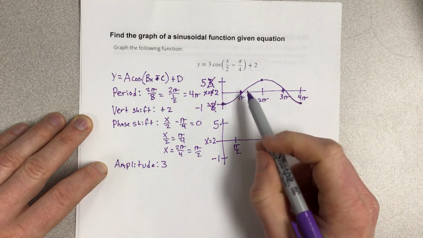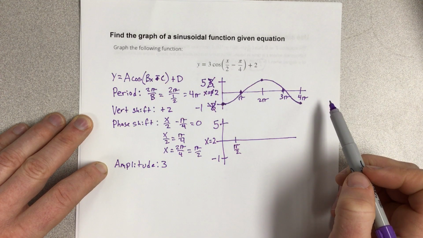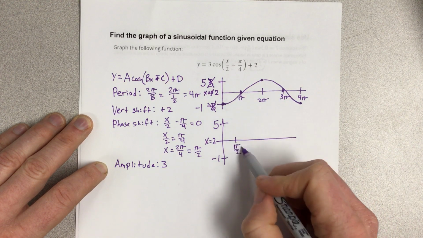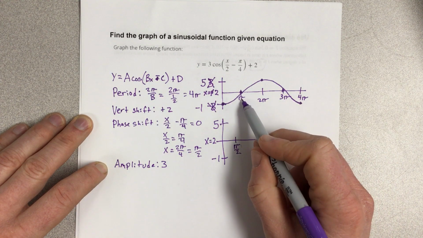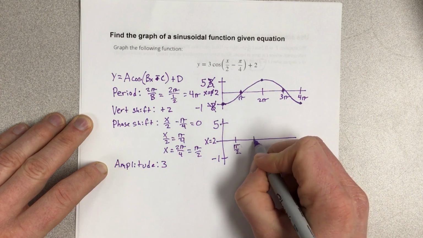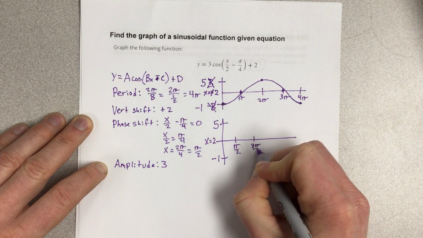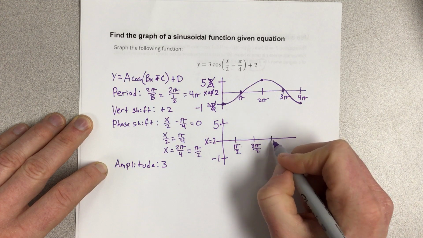And then we're going to shift each point over a certain amount, which is pi over 2 for each piece. So if I start at pi over 2, this piece is going to get shifted over to, instead of it being pi, we add pi over 2, that'd be 3 pi over 2. Instead of 2 pi, we'd end up with 5 pi over 2.